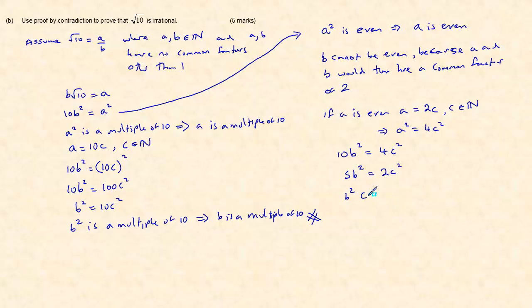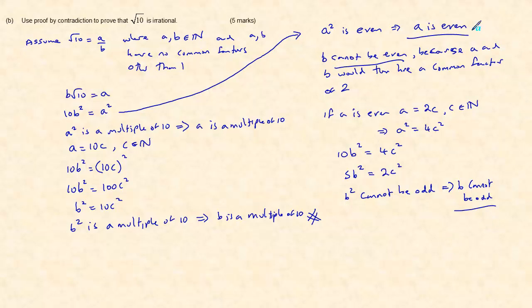So b squared cannot be odd, which means that b cannot be odd. So what we have is a situation where b cannot be even and b cannot be odd.